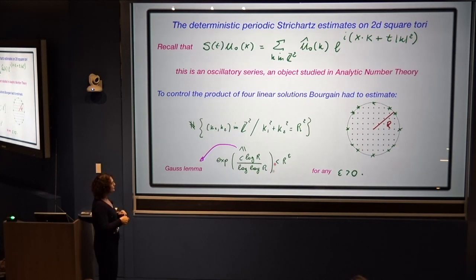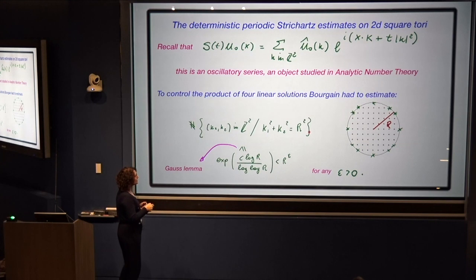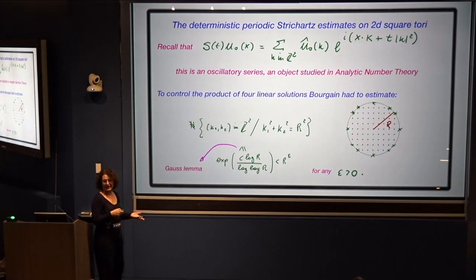Now, you can think geometrically, just like the picture I give here. The green dots are exactly what you want to count. Or you can think of it in a number theory way, which means in how many ways you can write the square of a natural number as a sum of squares. Or in other words, how many solutions does this Diophantine equation have?